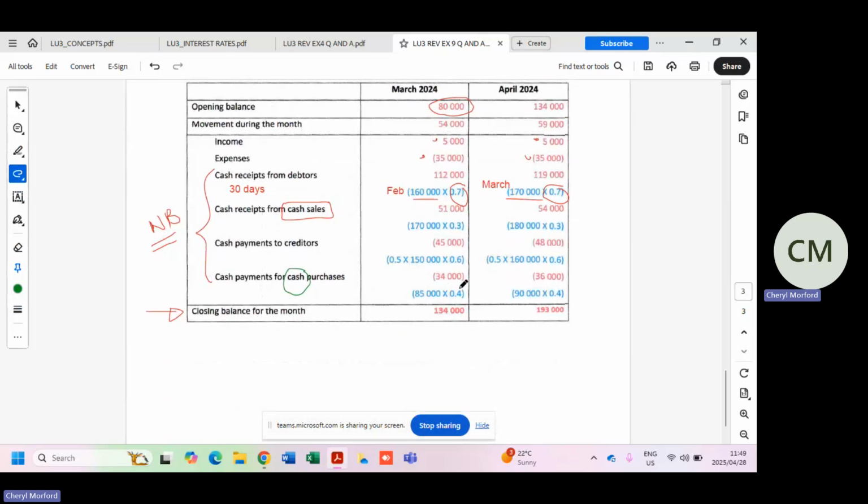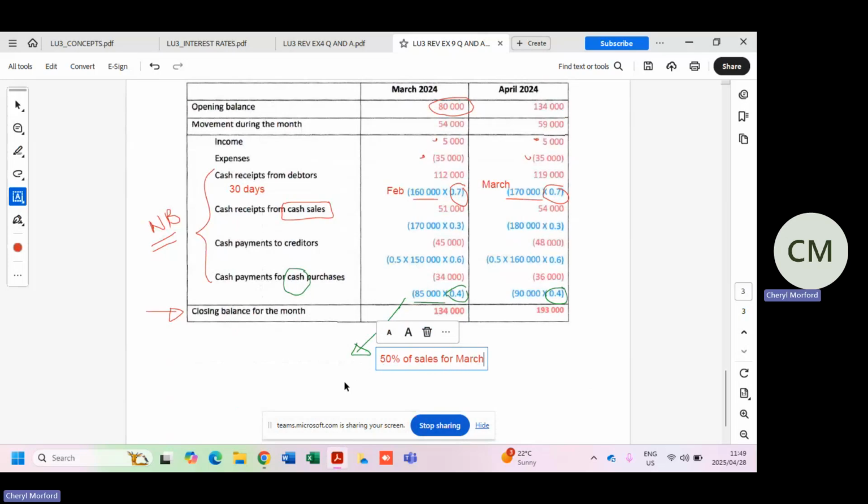So have a look over here. There it is. It's going to be the 40% because that's the cash component. 40% in both of the months of what? Notice here where I'm going to get this 85,000. That 85,000, remember, is going to be the 50% of the sales for which month?